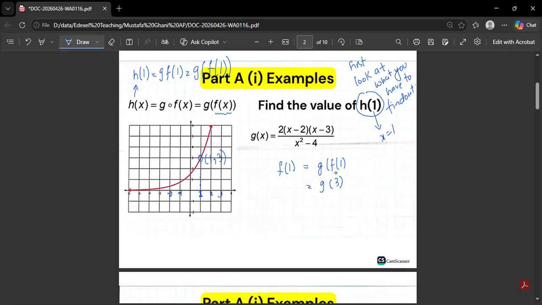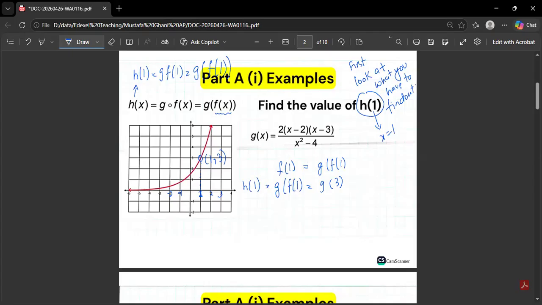Because by having the 1, we are getting g of 3, and g of 3 means it is actually h of 1, which is g f of 1, which equals h of 1, right?